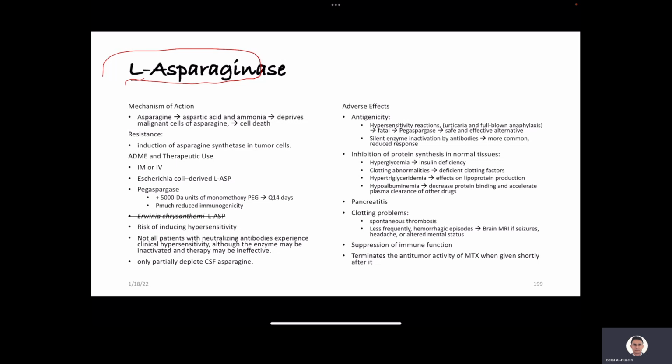We have L-asparaginase that is extracted from E. coli. So this is conventional L-asparaginase, but it is associated with lots of toxicities or antigenicities, let's say, or allergic reactions.